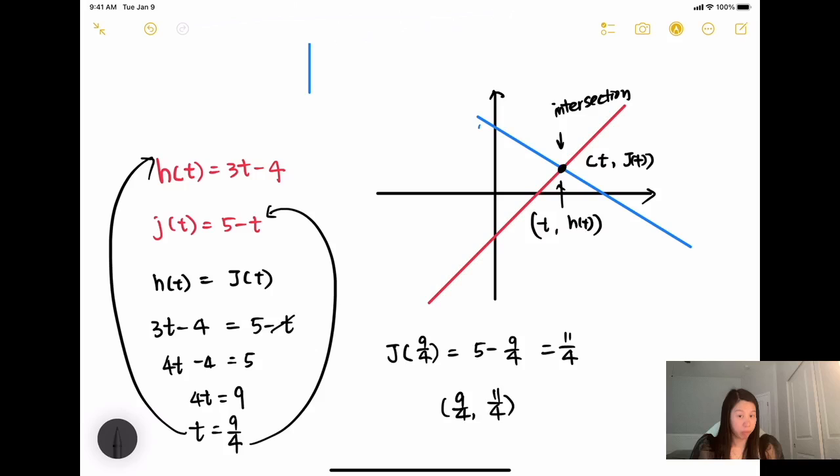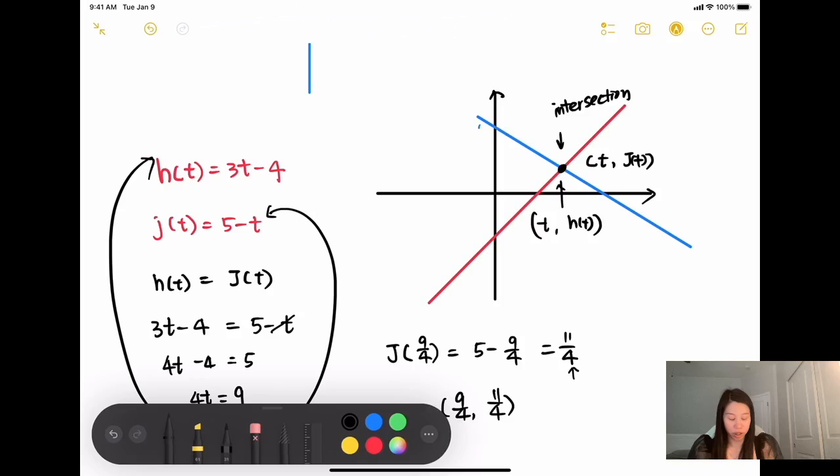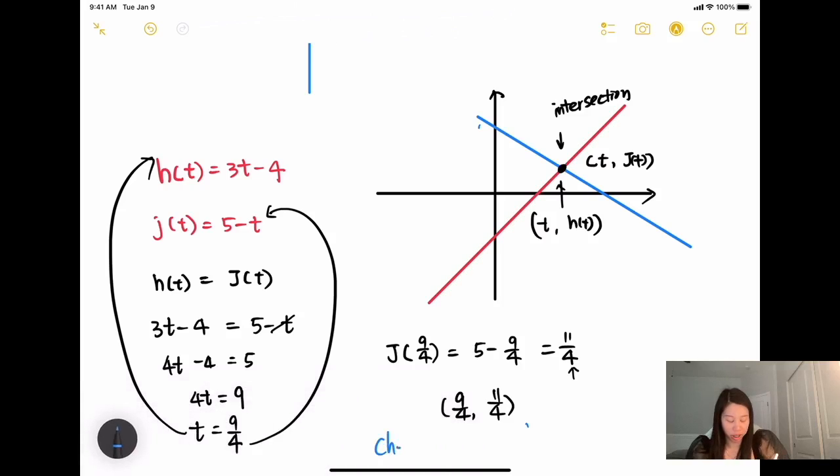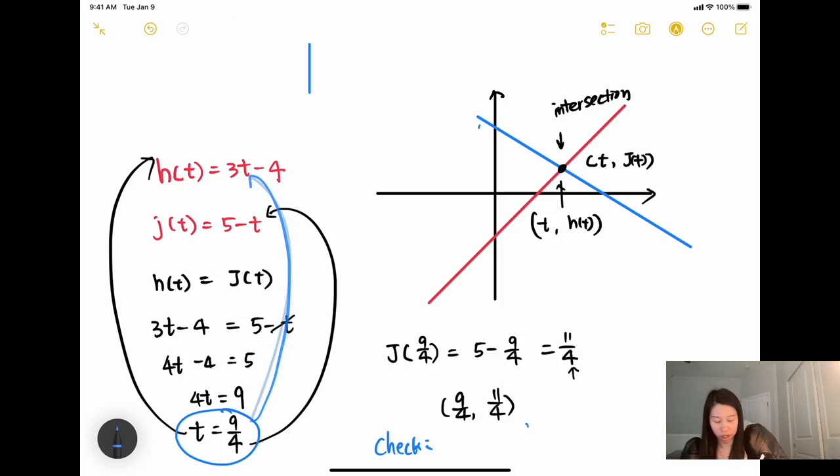Well, if you don't believe you got this right, one thing you can do is check it. How do you check it? Well, we substitute t equals 9/4 into the other function, which is h of t. So I have h of 9/4 equals 3 times 9/4 minus 4.